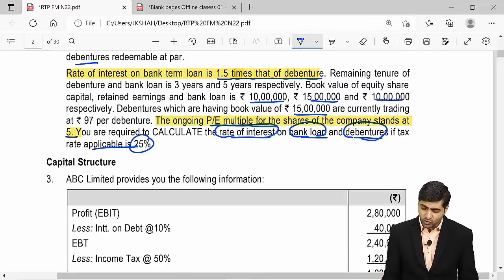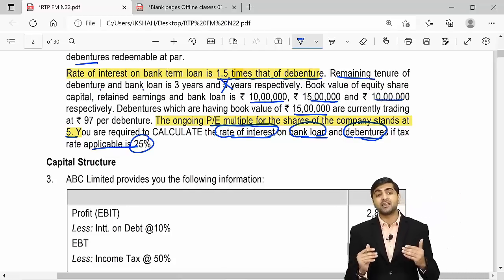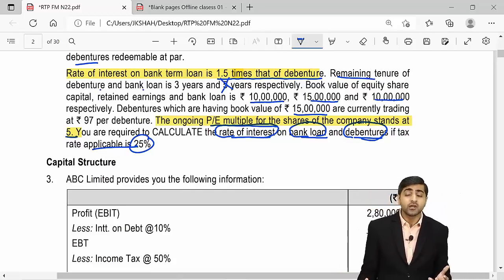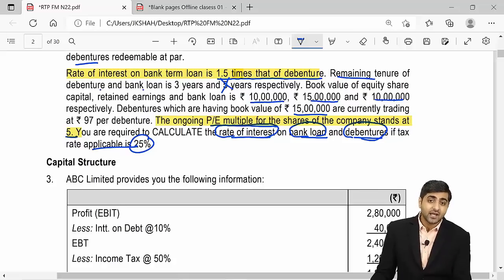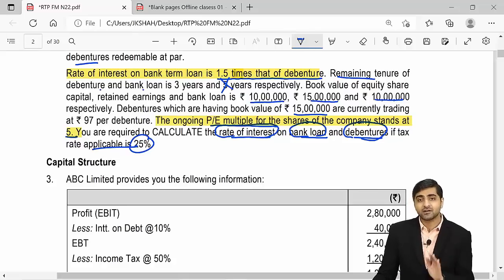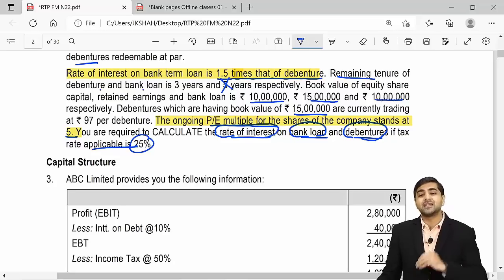Guys, they have also told you that the remaining tenure for debenture and bank loan is 3 years and 5 years. Guys, for bank loan, we don't need what is the remaining tenure, because for bank loan, to calculate the cost, we always take interest into 1 minus tax rate. But yes, for debentures, definitely it plays a very important role whether the debentures are irredeemable or redeemable.